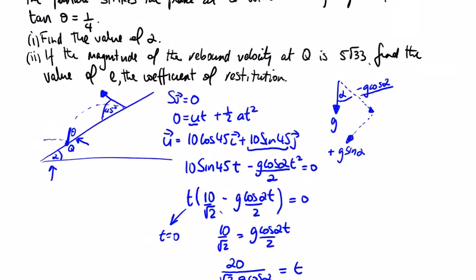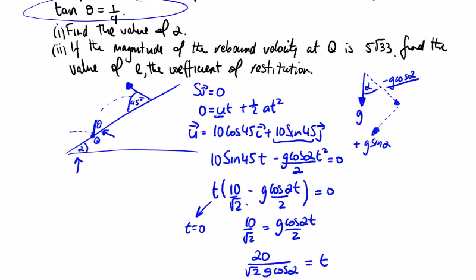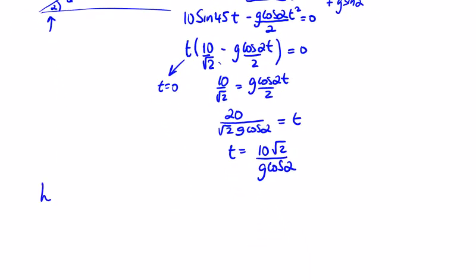So we're given the tan of the landing angle here, and we know that the tan of the landing angle is minus the velocity of j over the velocity of i. So if we bring that into this question here, let's get the velocity of i and j. We have the time, so let's get the velocity of i.